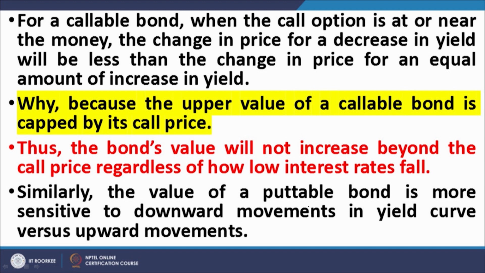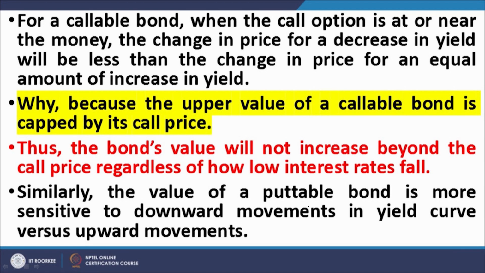As soon as the price, on account of a decrease in yield, increases above the exercise price, the issuer exercises the option embedded in the bond, and as a result the cash flow gets truncated. Thus, the bond's value will not increase beyond the call price regardless of how low interest rates fall, because the issuer has to pay only the exercise price when retiring or recalling the debt.